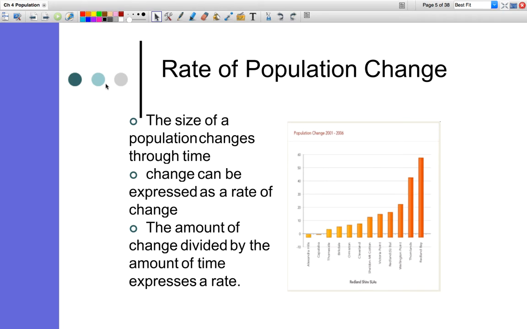So if we had a population of 100 this year and 80 next year, we would have lost 20 individuals from our population over a one year time. So that would be negative 20, minus 20 per year.